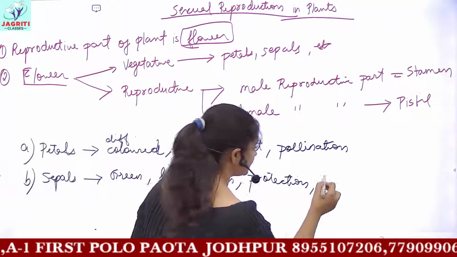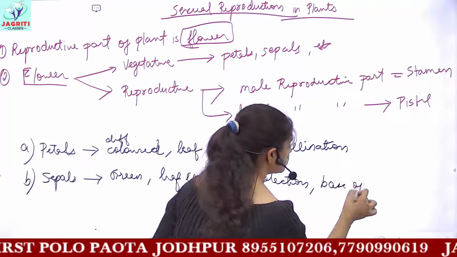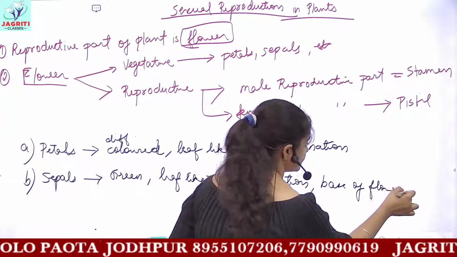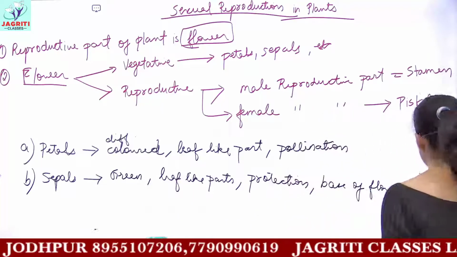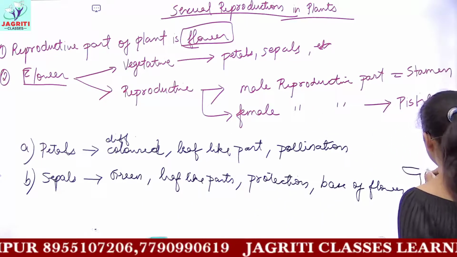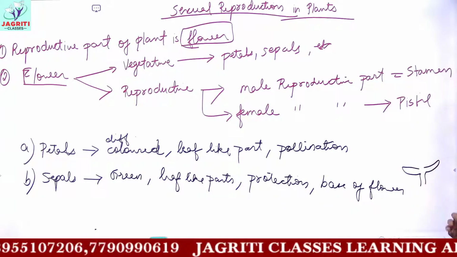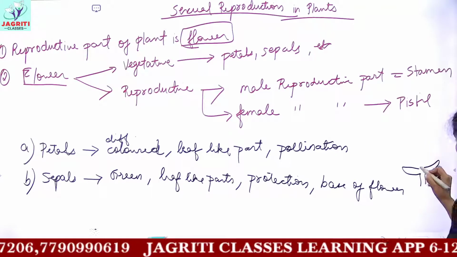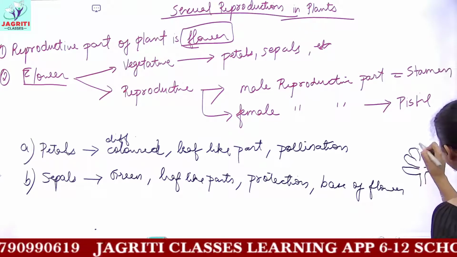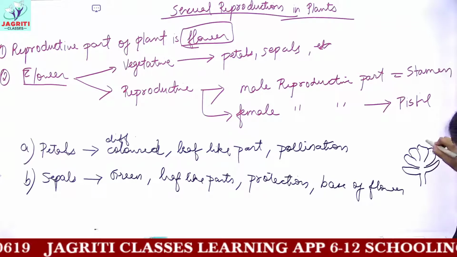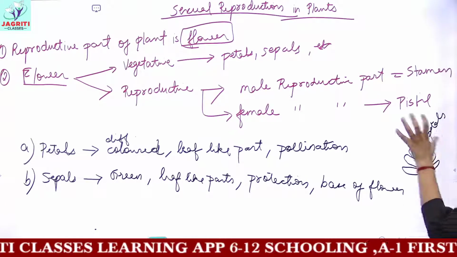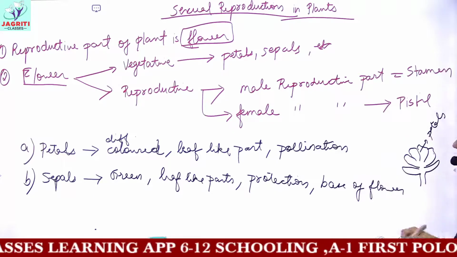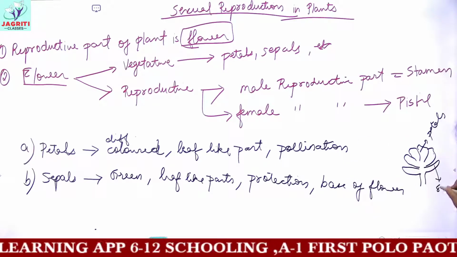These sepals are present at the base of the flower. If you observe the diagram of the flower, you can easily see these leaf-like sepals present at the base of the flower, and after this you have the different types of petals, which are differently colored. They have the function of pollination, and the sepals are present at the base of the flower.